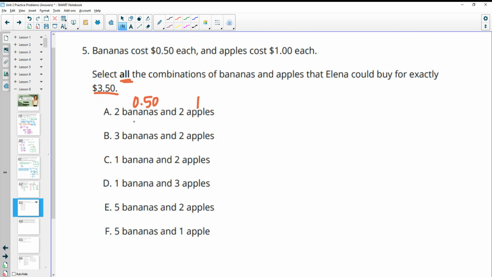So 2 times 50 cents is $1, and then plus 2 times 1 is $2, and that equals $3, which is not $3.50. 3 bananas times 50 cents is $1.50, and 2 apples times $1 is $2. This one does total $3.50.